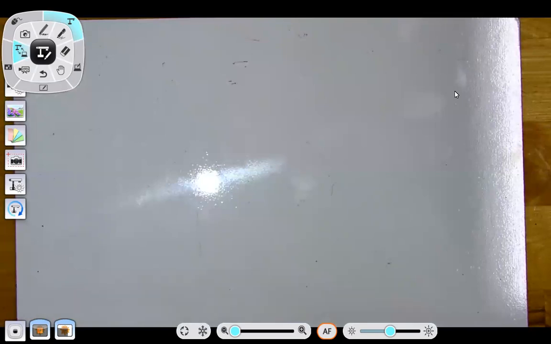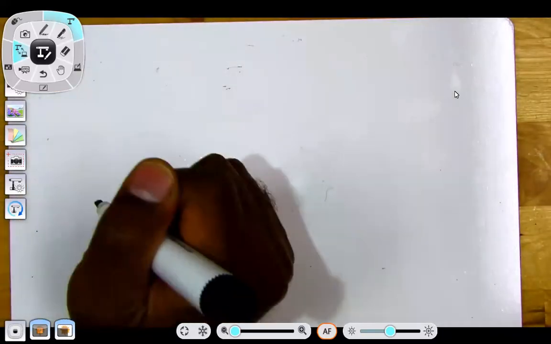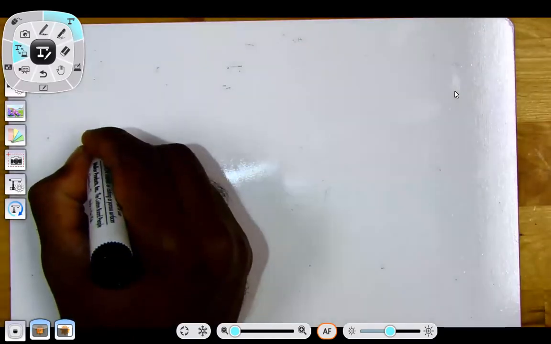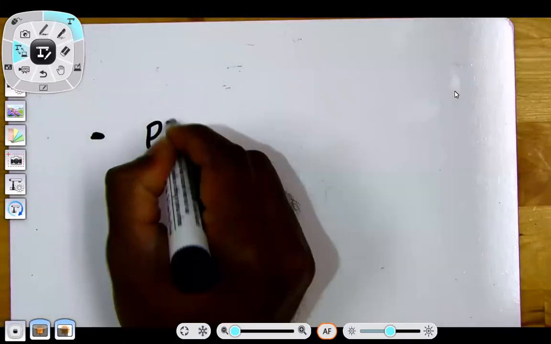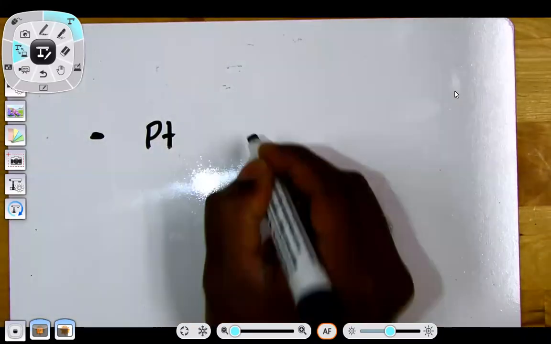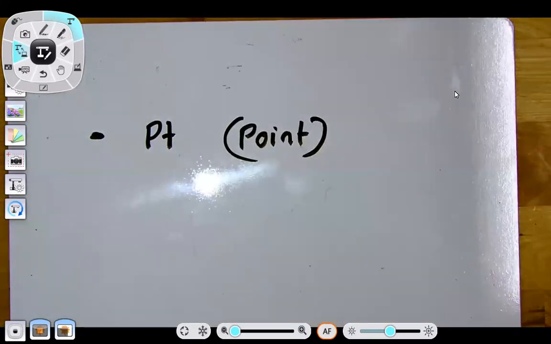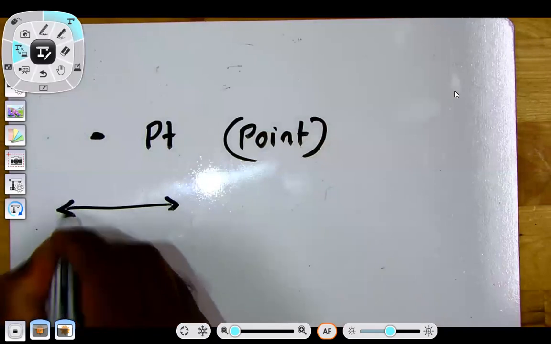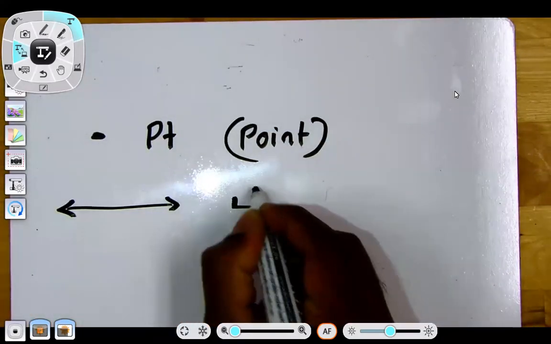All right, the first thing we learned about is points, lines, and planes. If you have a little dot, that means it's a point. I just put PT for point. Then if there's a line with two arrows on the ends, it's called a line.